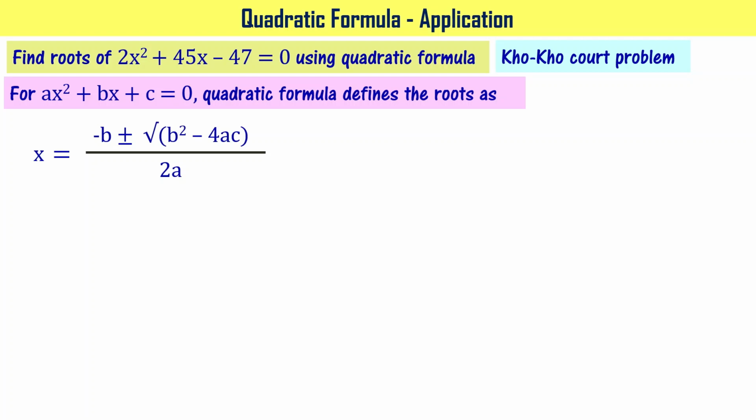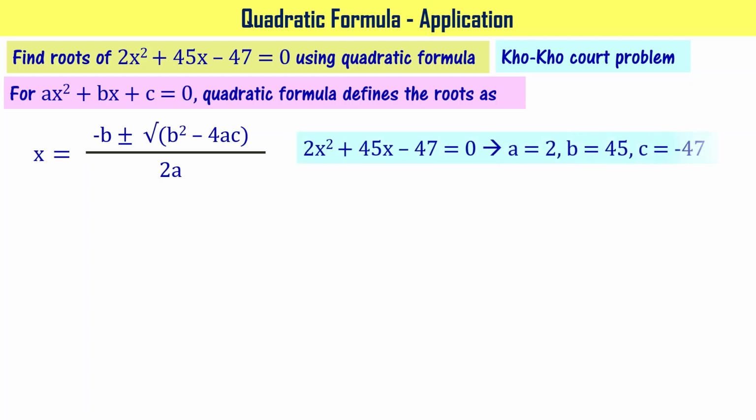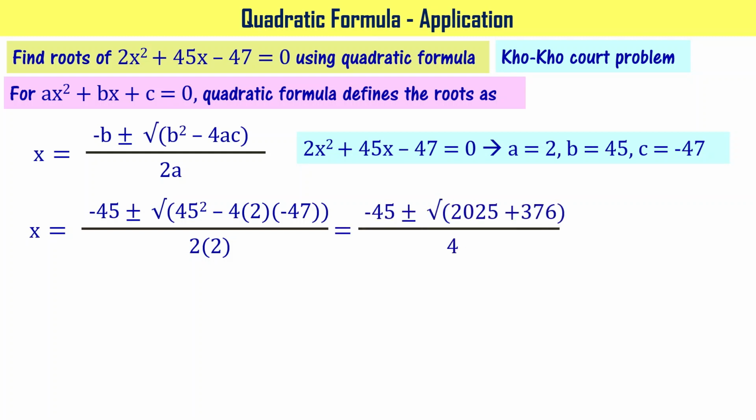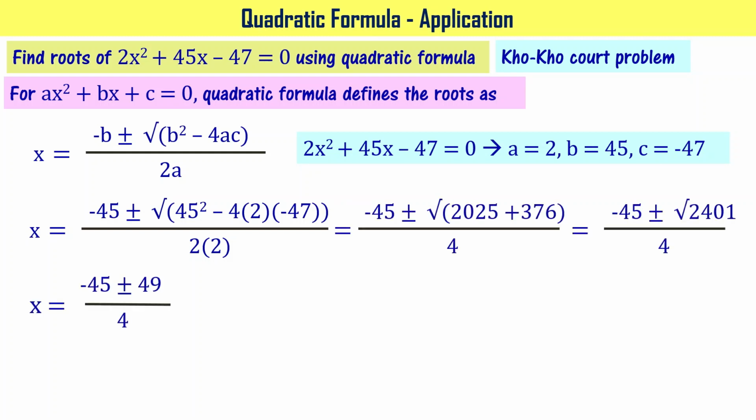Now let's compare the given equation 2x square plus 45x minus 47 equal to 0 with ax square plus bx plus c equal to 0, such that I can say a equal to 2, b equal to 45 and c equal to minus 47, right? Let's substitute them into the quadratic formula and simplify it such that you get x equal to minus 45 plus or minus 49 divided by 4, right?